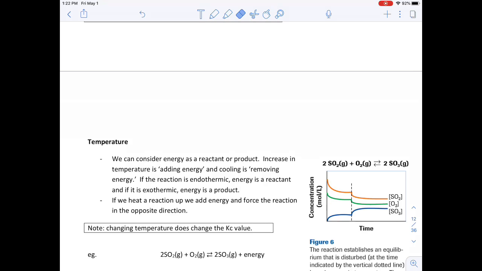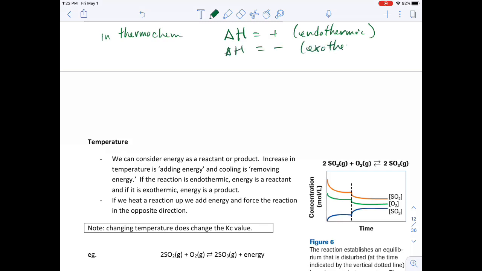And what we want to do as background information, just as a reminder, is in thermochem, if the enthalpy is a positive value, it's endothermic. If the enthalpy is a negative value, it's exothermic. If we had A plus B makes C, and this is an endothermic reaction, then we write energy as a reactant.